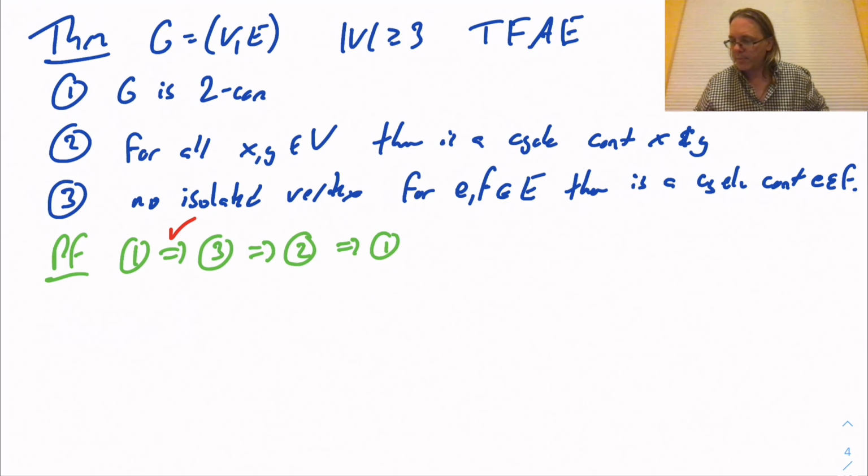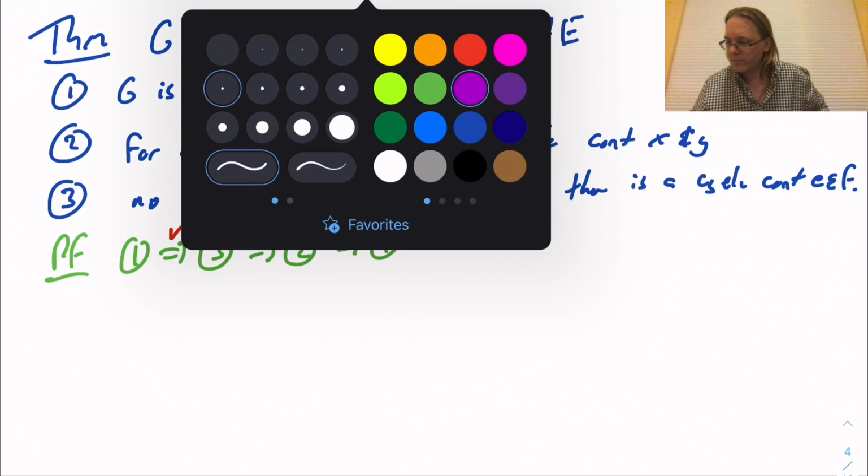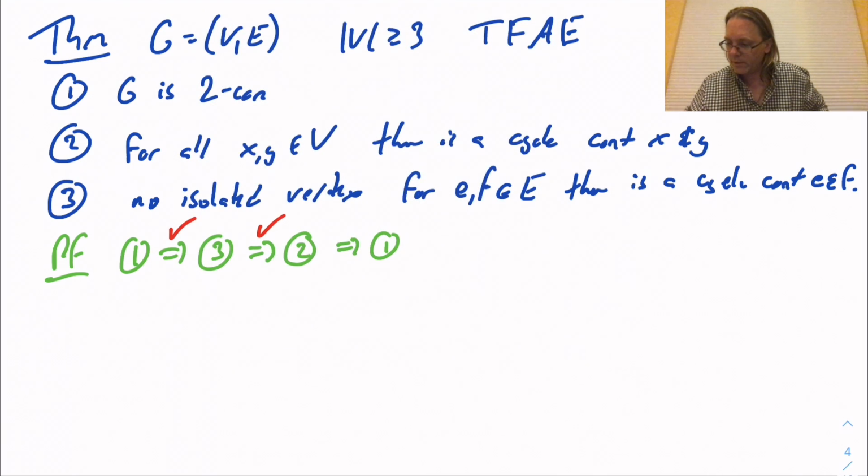So that completes the proof of this one. Last up, I need to show you that 2 implies 1, and in fact, what I'm going to do is show that not 2. Sorry, I'm going to do the contrapositive.